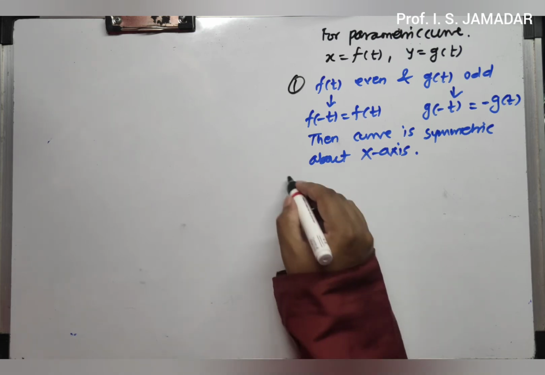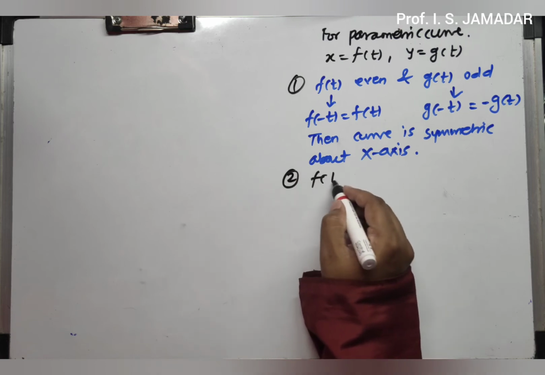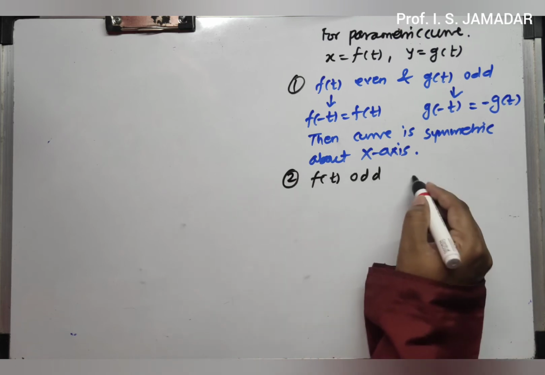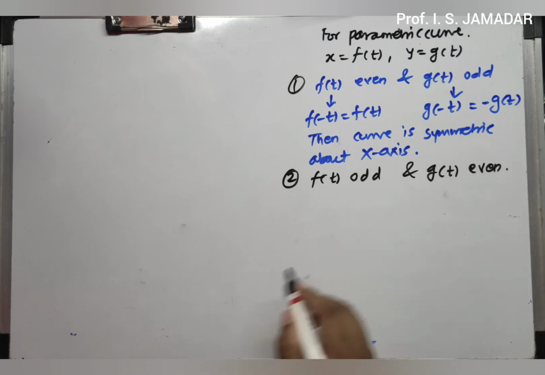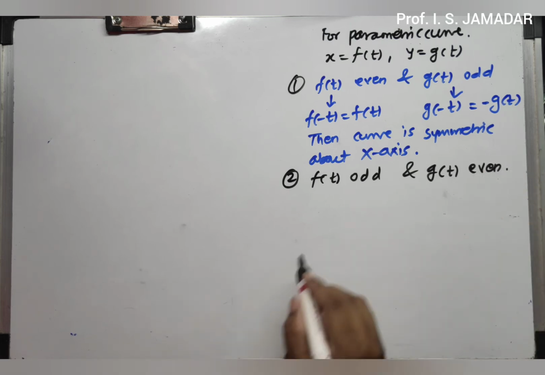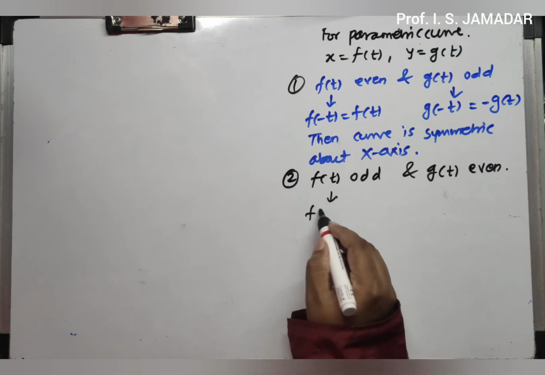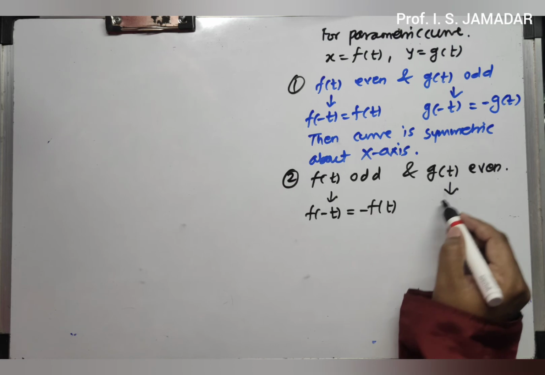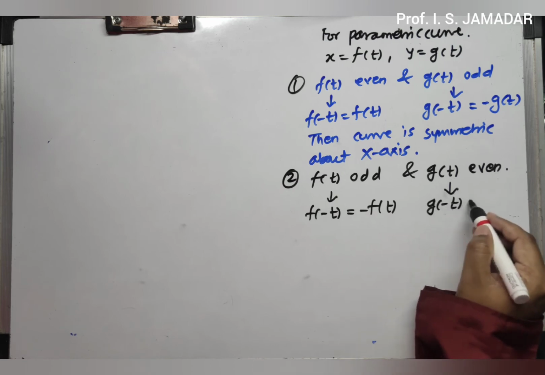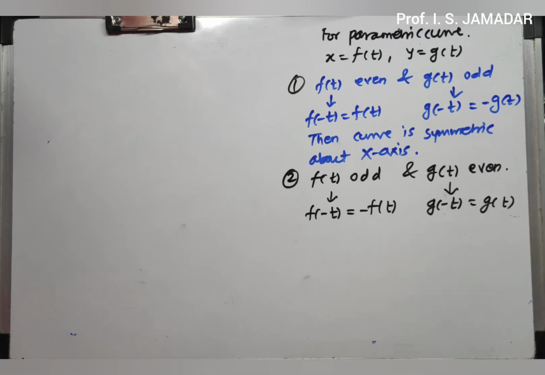Okay. Second rule: if f of t is odd and g of t is even, that is f of minus t is equal to minus f of t and g of minus t is equal to g of t. After replacement of t by minus t, f of t changes in sign and g of t remains unchanged.